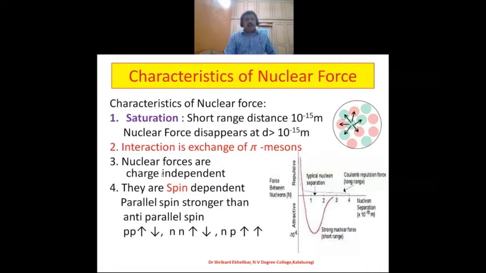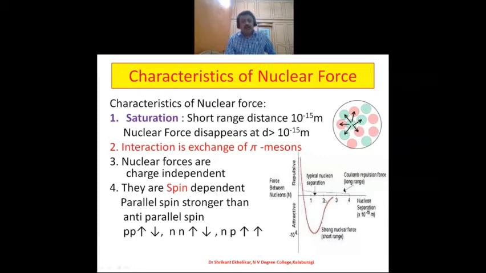The next property is that nuclear forces are charge independent. It means whether the force is between two neutrons, or two protons, or between a proton and a neutron, it is the same.